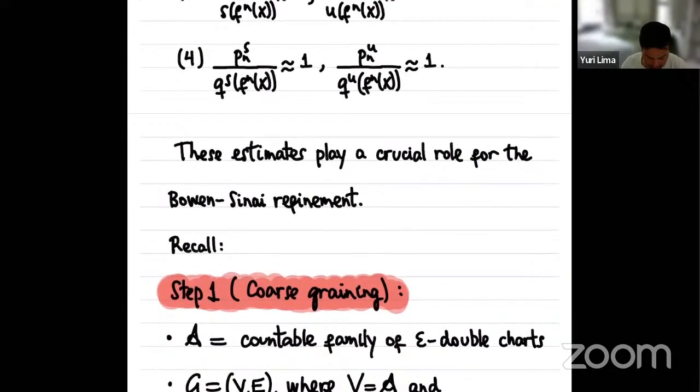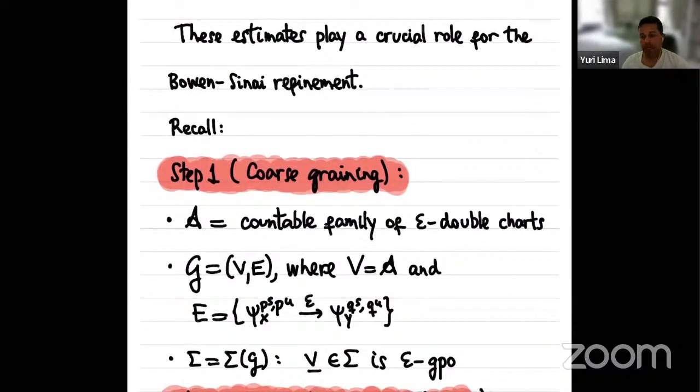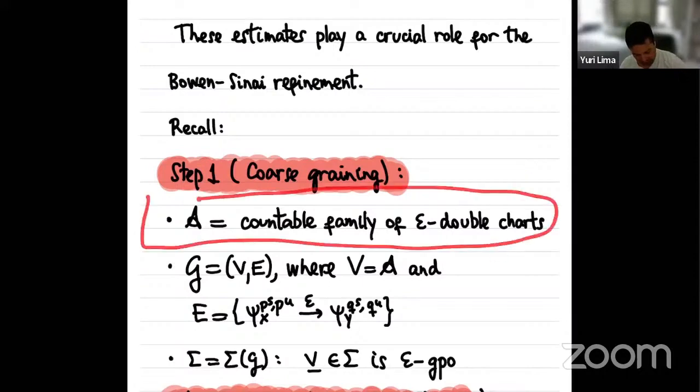So what were the 3 steps that we did for the uniformly hyperbolic context? Well, we first did a coarse graining. In our case, since it was uniformly hyperbolic, it was just considering a finite, sufficiently dense subset. Now, I consider the countable family of epsilon double charts that we got in the coarse graining.